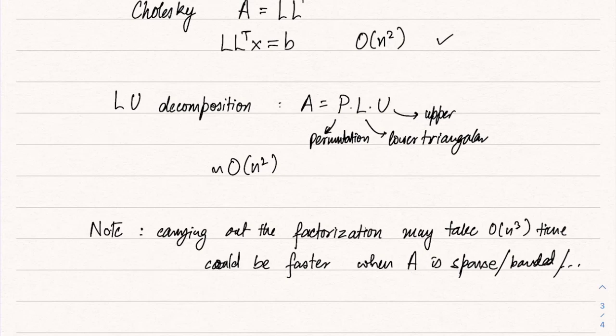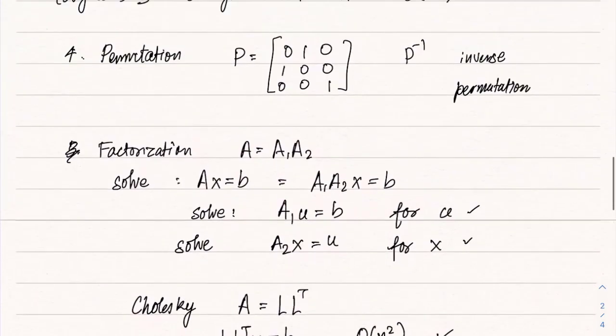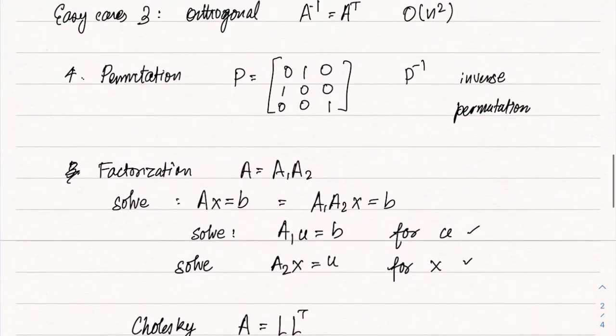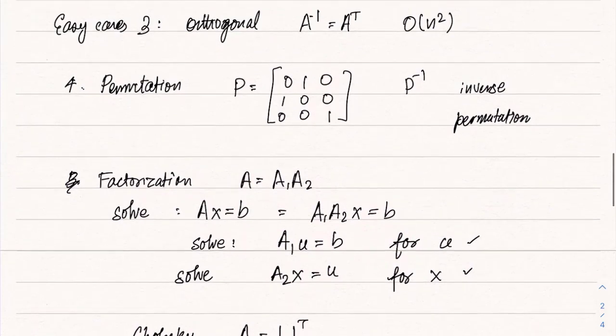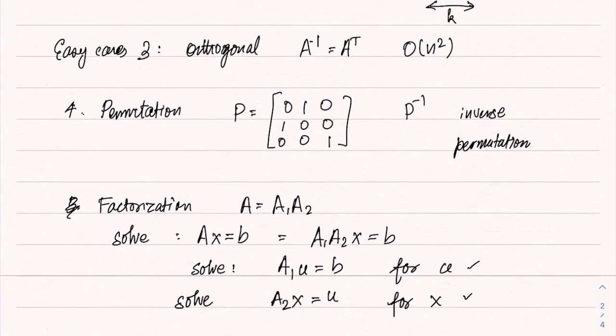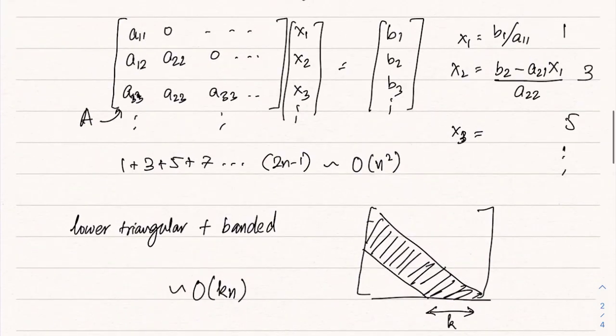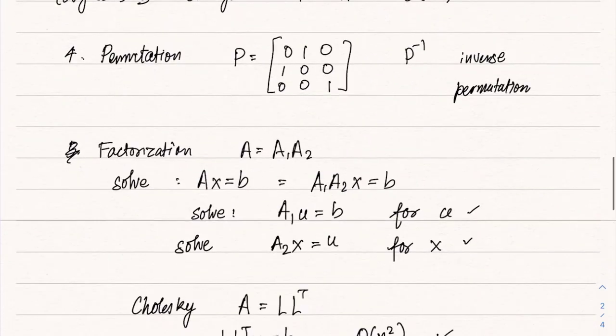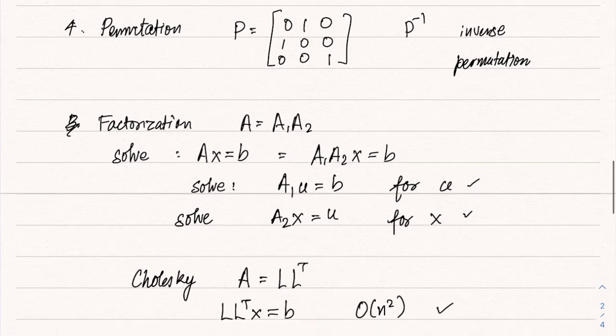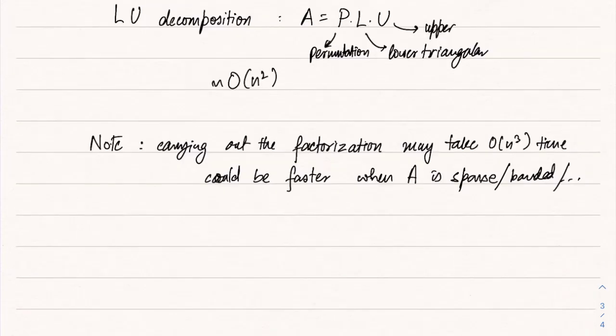To summarize, we have seen many efficient ways in which solving AX equal to B is possible, and all these methods enable us to implement the Newton method in an efficient manner.